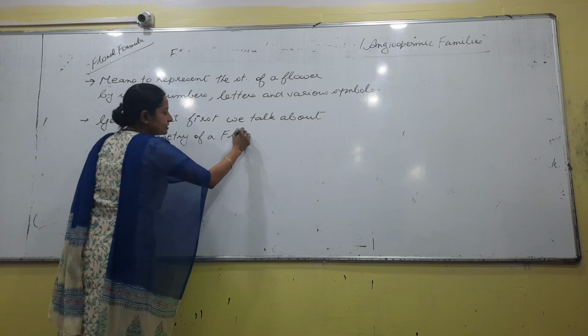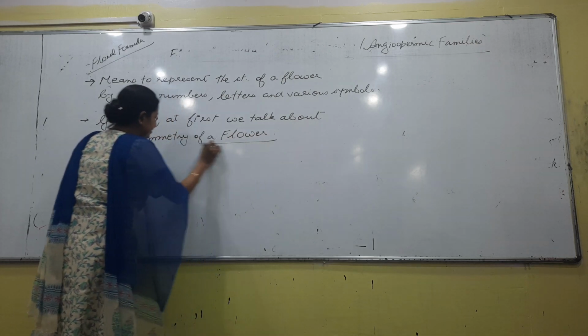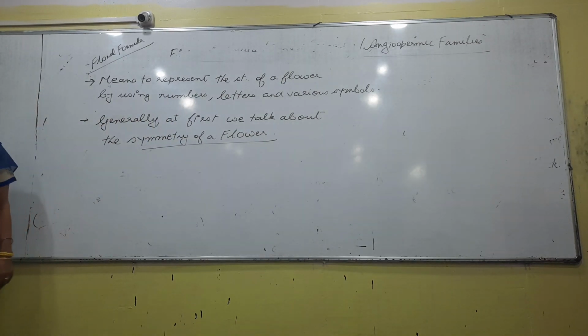If we represent the flower in a symbolic way, that is what is called a floral formula, right? While writing a floral formula, the first thing that we write at the beginning is the symmetry of a flower. Remember the word symmetry of a flower, what we understand by this term?